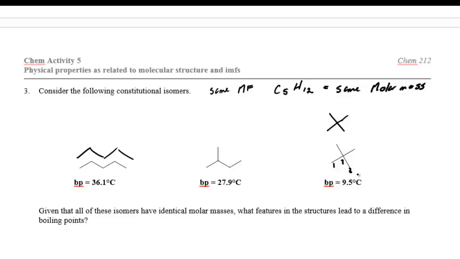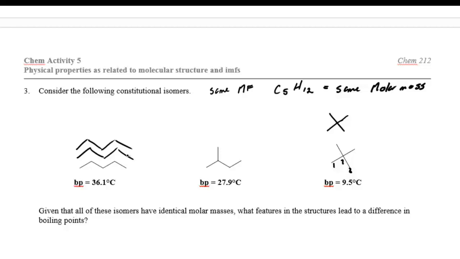One of the important things to remember about London dispersion forces is they are short range intermolecular forces, and therefore they're going to be maximized by having substantial surface areas. I'm just going to draw a second one here. 3 molecules, great surface area, great contact, same molar mass, but stronger intermolecular forces.